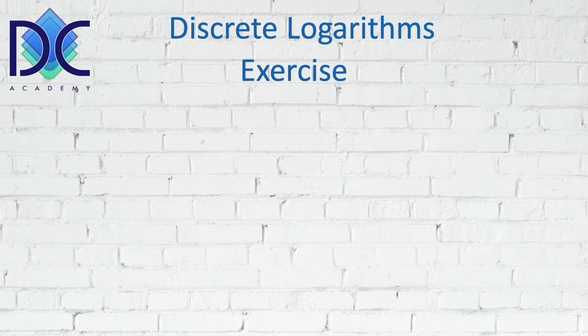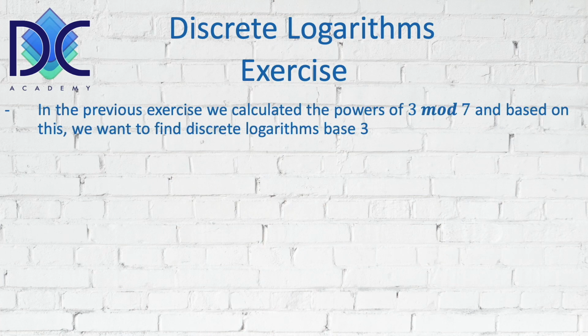Now, when we look at the discrete logarithms, let's also explain it better with a simple exercise. We calculated in the previous slide the powers of 3 modulo 7, and based on this, we want to find the discrete logarithms base 3.